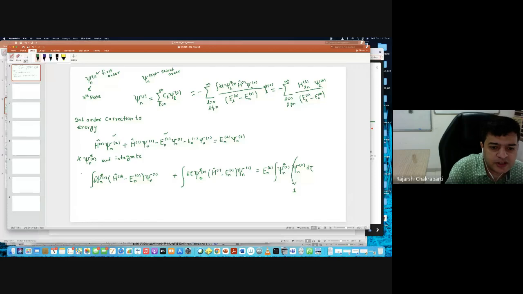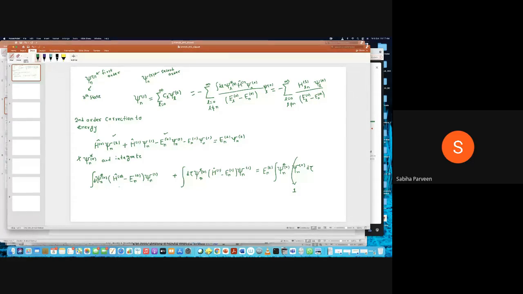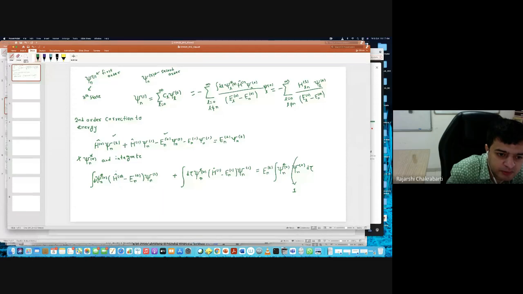What about this integral, the first one? Can anyone tell me the value? It will be 0, because it's Hermitian, no? Because H0 can also operate on the left. It will give you En0 star, which is En0 of course. So this will cancel. This will also give you 0.